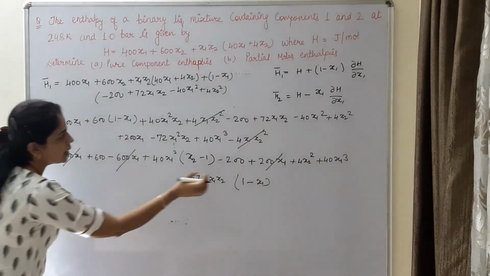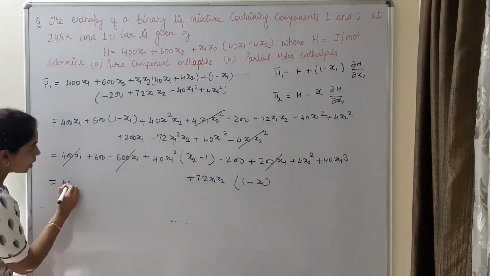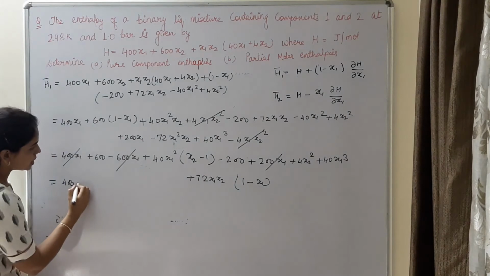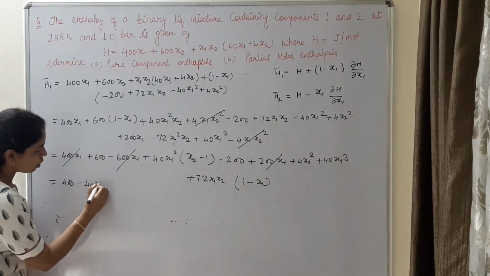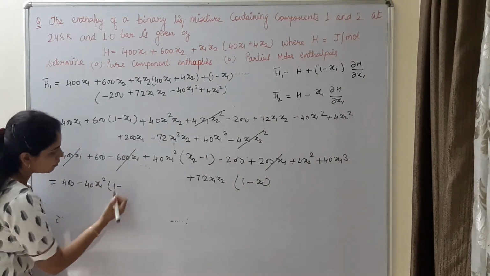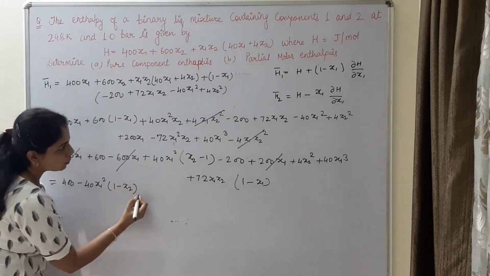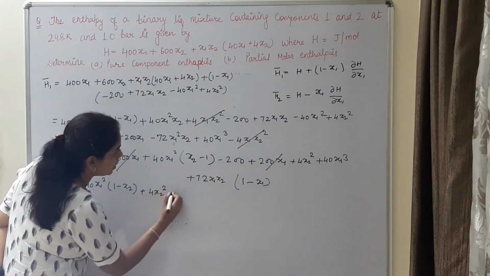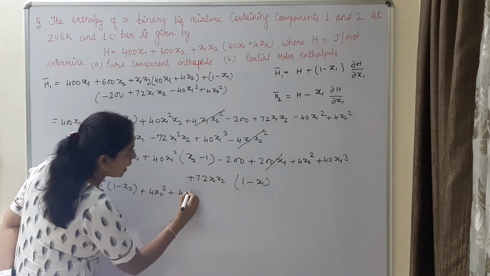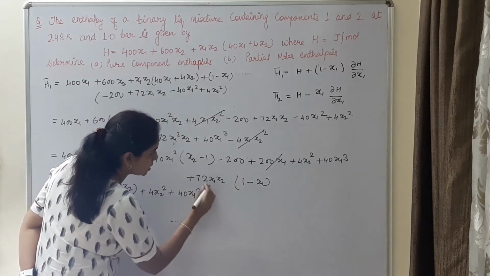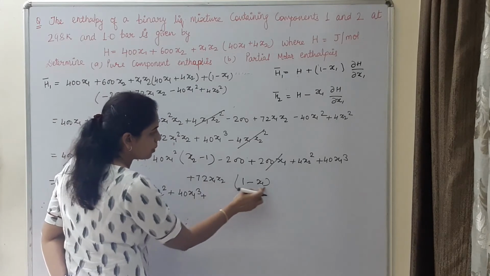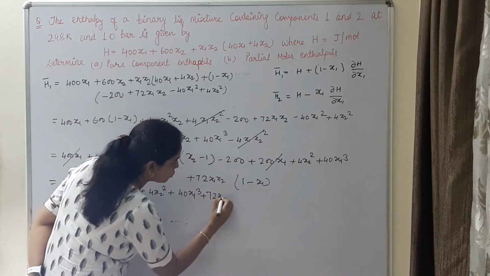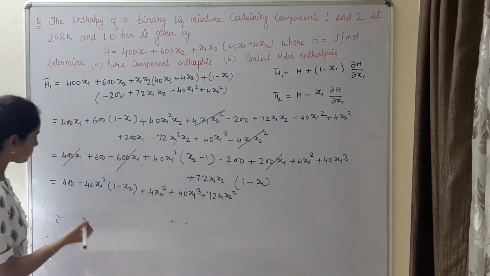Then 600 minus 200 is 400 plus x2 minus, so just take minus common here, 40 x1 square, this will become 1 minus x2 plus 4 x2 square plus 40 x1 cube, and this is 72 x1 x2, 1 minus x1 is x2, so this is 72 x1 x2 square.